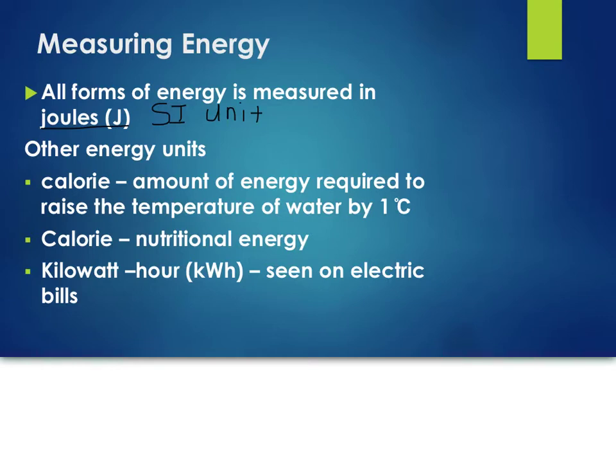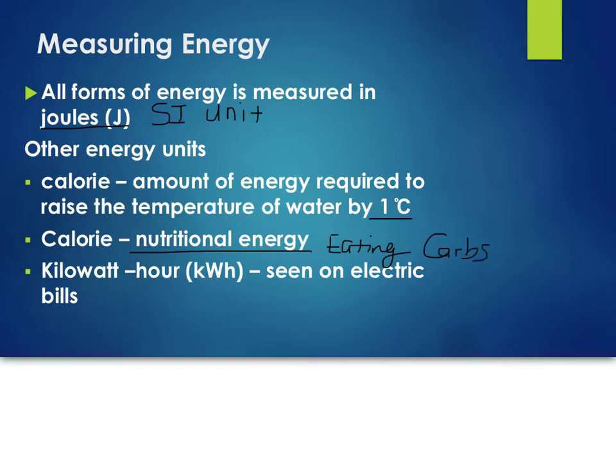Calorie, or sometimes I call it the small cal, as someone said in class today, the skinny cal, and we'll see why in a bit, is the amount of energy required to raise the temperature of water by 1 degree Celsius. Whereas the big cal, or the fat cal as somebody said, is nutritional energy. So think about eating, think about carbs.